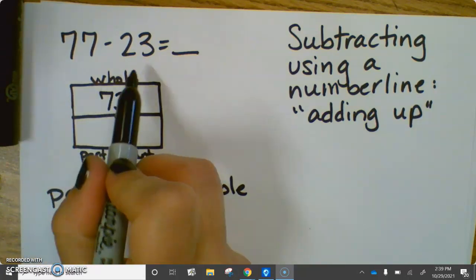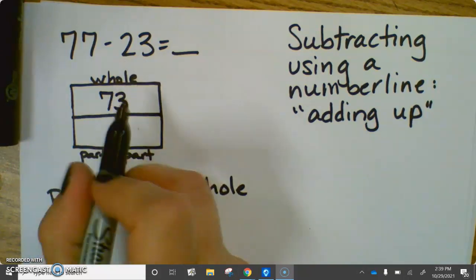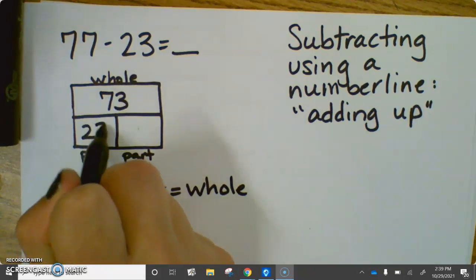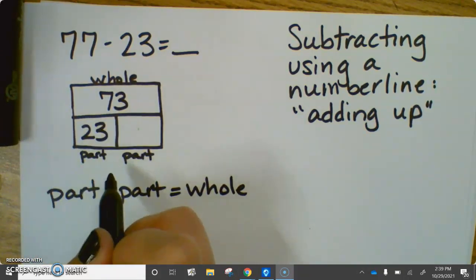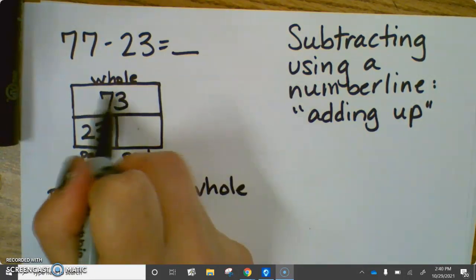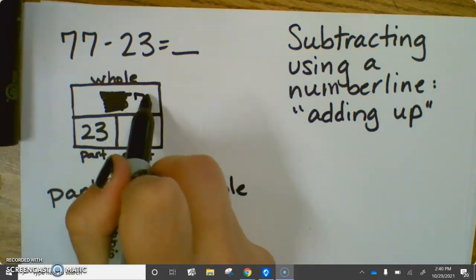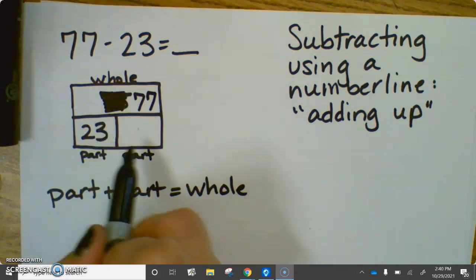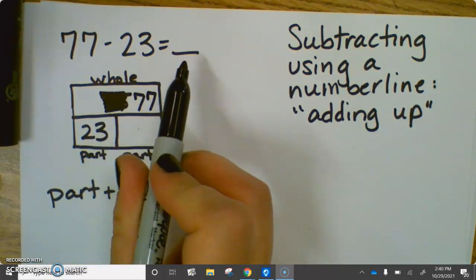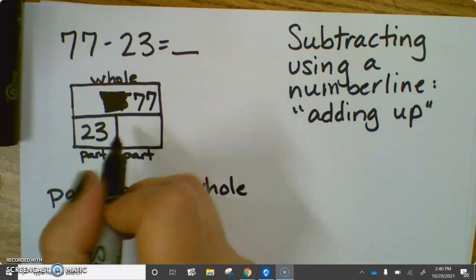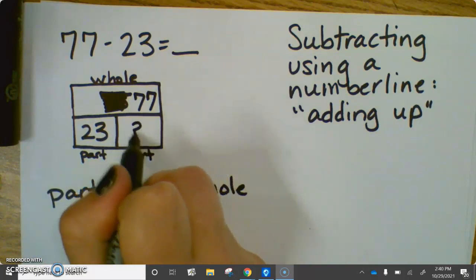And then part of that number is 23. We're going to take away 23, so that's part of 77. Okay, and the other part, what we have after we take away 23, we don't know what that other part is, so we're going to put a question mark.